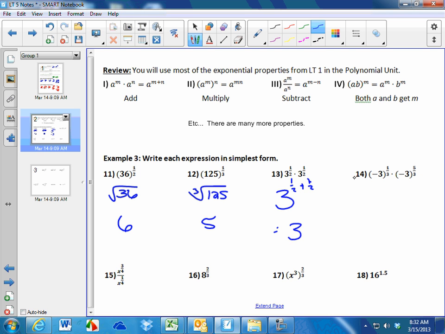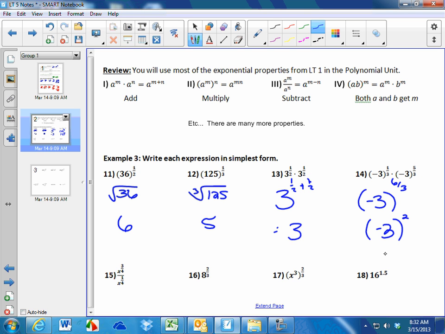Number 14, similar. You have negative 3 to the 1/3 times negative 3 to the 5/3. You have the same base, so you can add the exponents. And you get negative 3 to the 1/3 plus 5/3 is 6/3, which is negative 3 to the 2nd power.